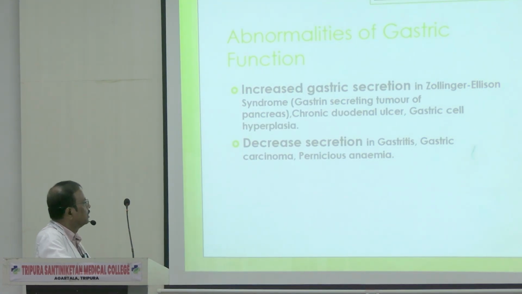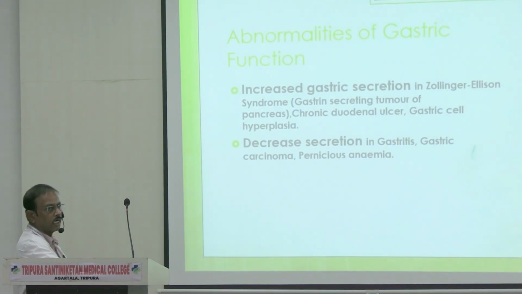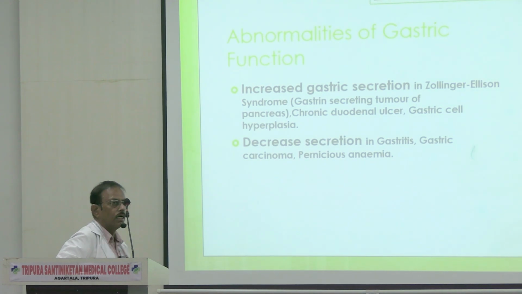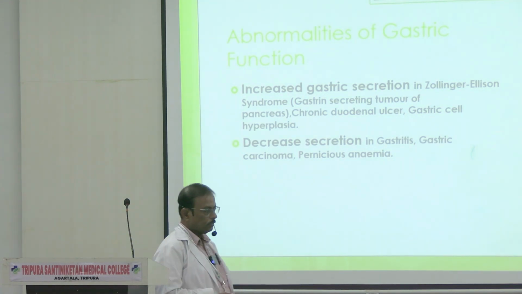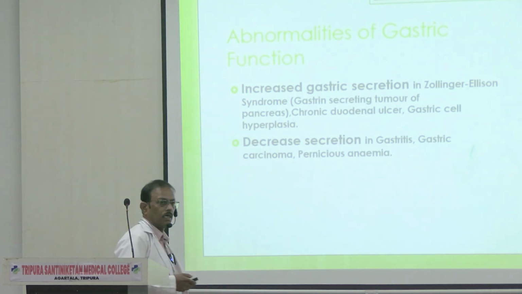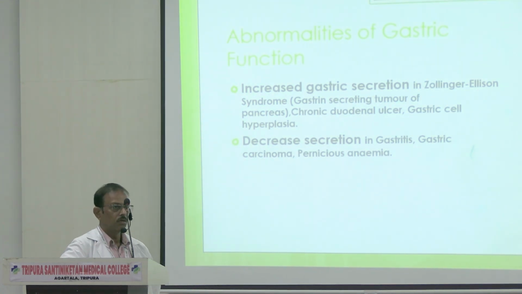In these cases, there is increased secretion of hydrochloric acid in the gastric juice. Decreased secretion occurs in chronic gastritis, gastric carcinoma, then pernicious anemia. So these are the organ function tests.